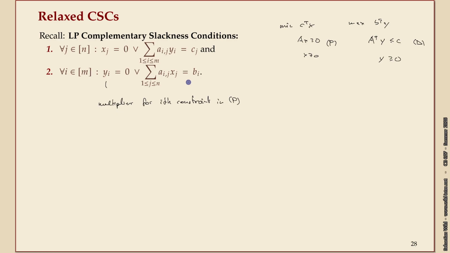Okay, that's complementary slackness. The conditions say there are two options for how a solution can be tight and optimal. Either the multiplier I'm giving to the constraint in the primal is 0, so I'm going to kill that constraint, or it's going to be satisfied with equality.